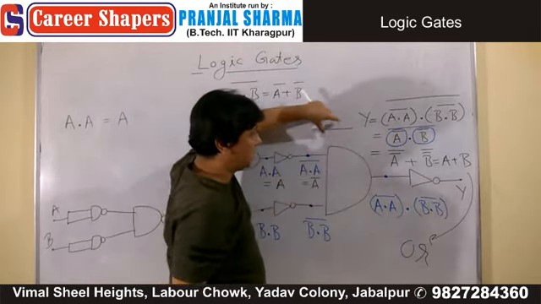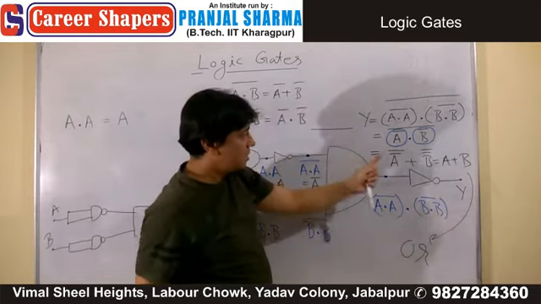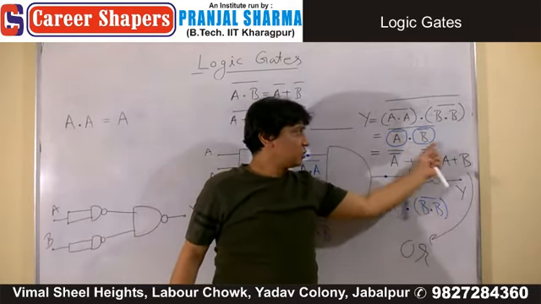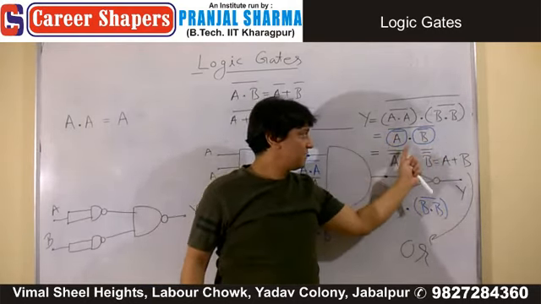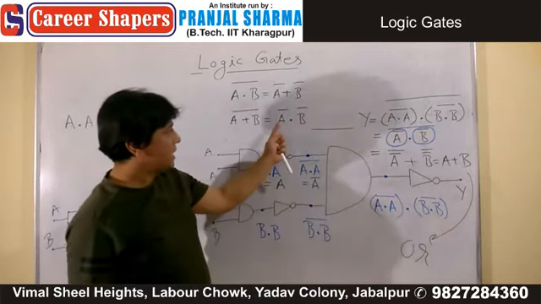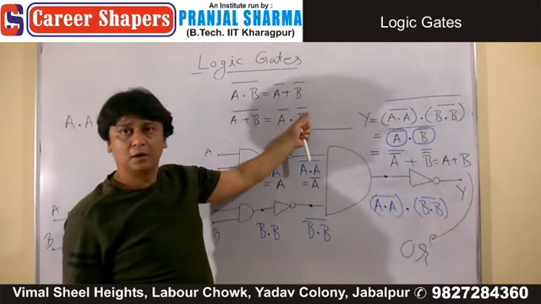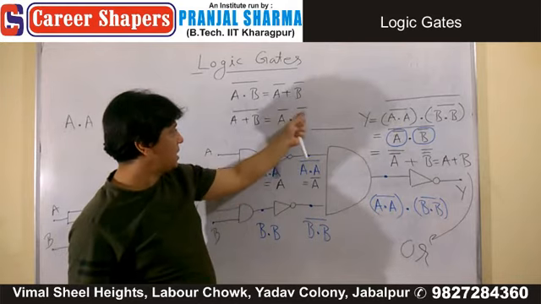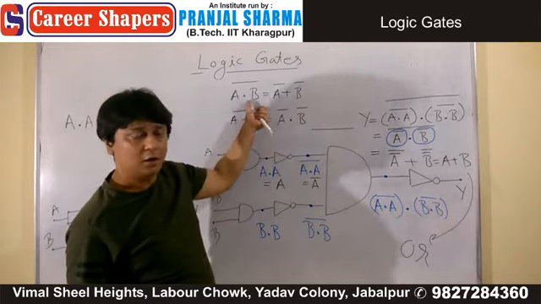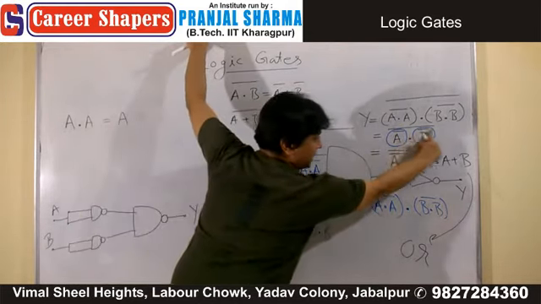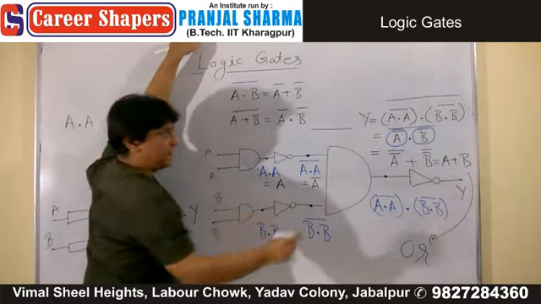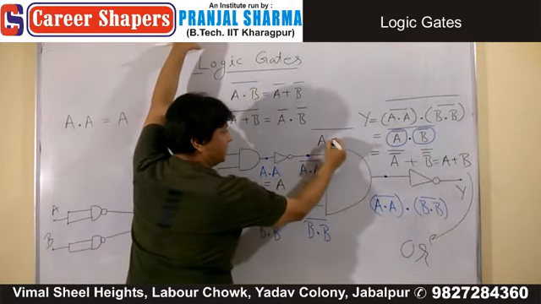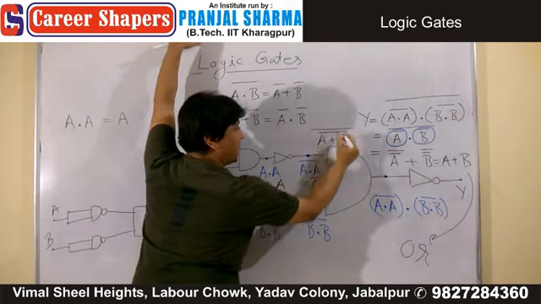Now forget about it. Whatever is under the roof, let's handle that. A bar dot B bar. What is A bar dot B bar? A plus B bar. So this thing in blue is A plus B bar.